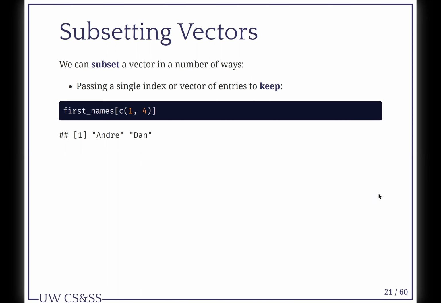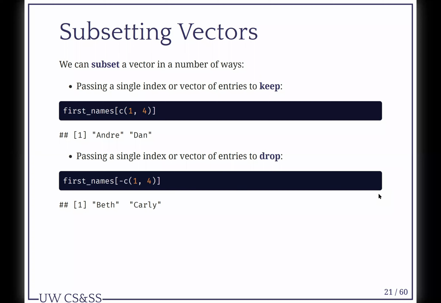One thing you might note here is that I have to know what the first and fourth element of the vector are to subset using this manner. You can also pass a single index or vector of entries to drop by including a minus here. This is very similar to the syntax that we used in the select function in dplyr.